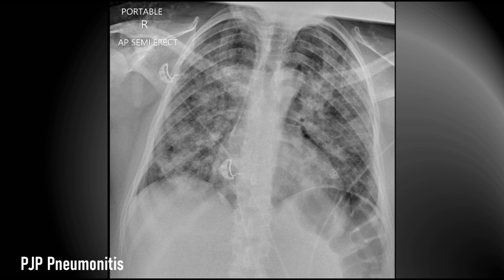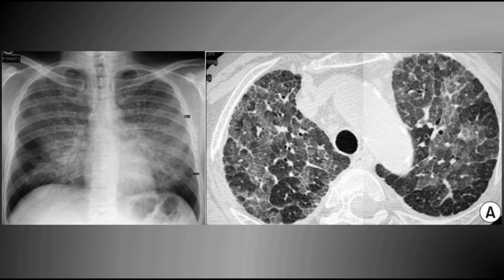The patient had a history of partially treated HIV, but any patient with a history of immunosuppression, such as lymphoma or leukemia, may have this PJP pneumonitis. This is the typical chest x-ray and CT findings of PJP pneumonitis. Note the honeycomb appearance of the lungs. With correct treatment, these patients may do reasonably well.